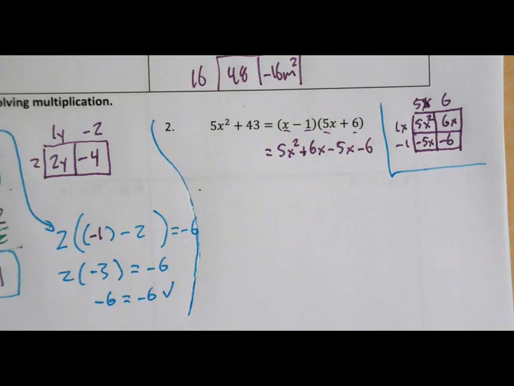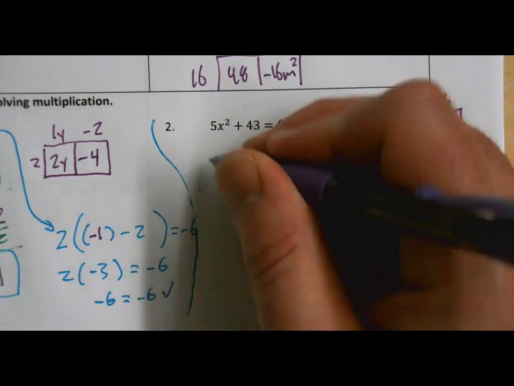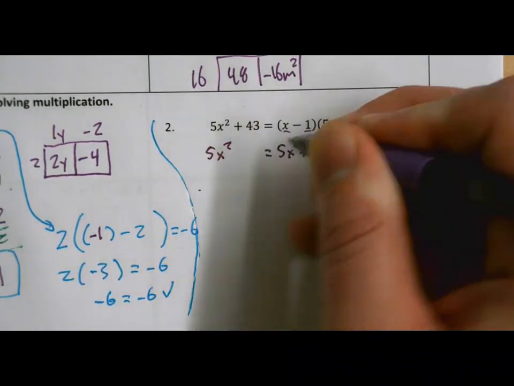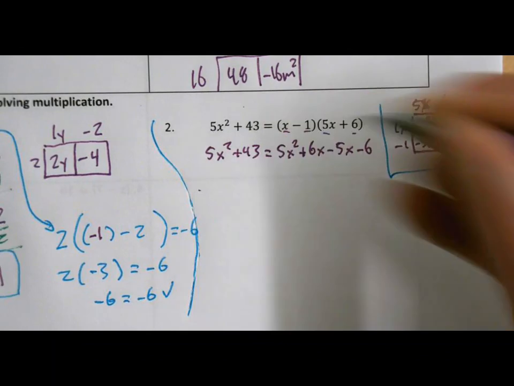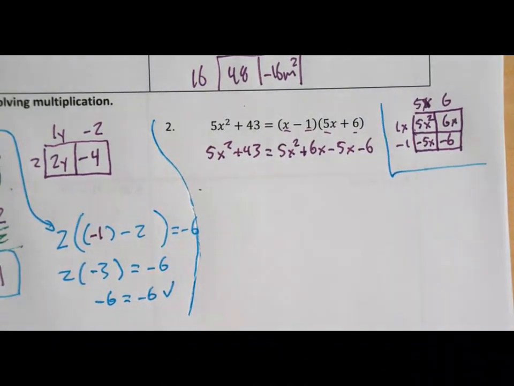So I just took the inside of my box and wrote it underneath there. And then I'm going to go ahead and bring down my 5x squared and my plus 43 over here. All right, so we got rid of parentheses.